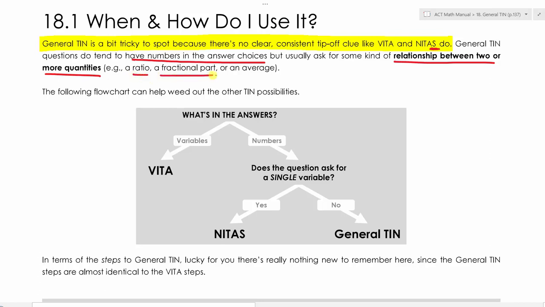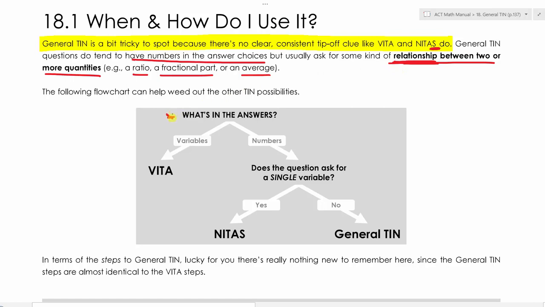So if you take a look at the first page of the Nidus technique, there's a box that explains what single variable questions look like and a box that explains what relationship questions look like. And with General Tin, you're going to want to look for those relationship questions.